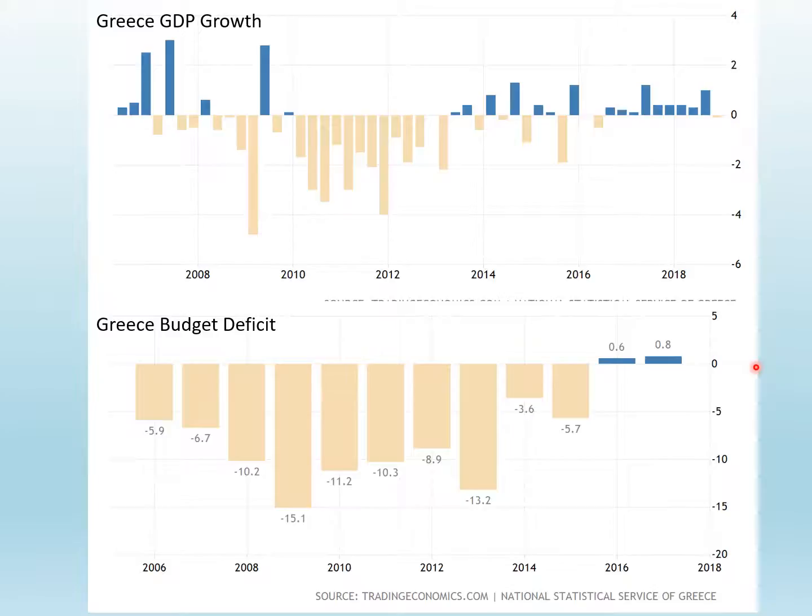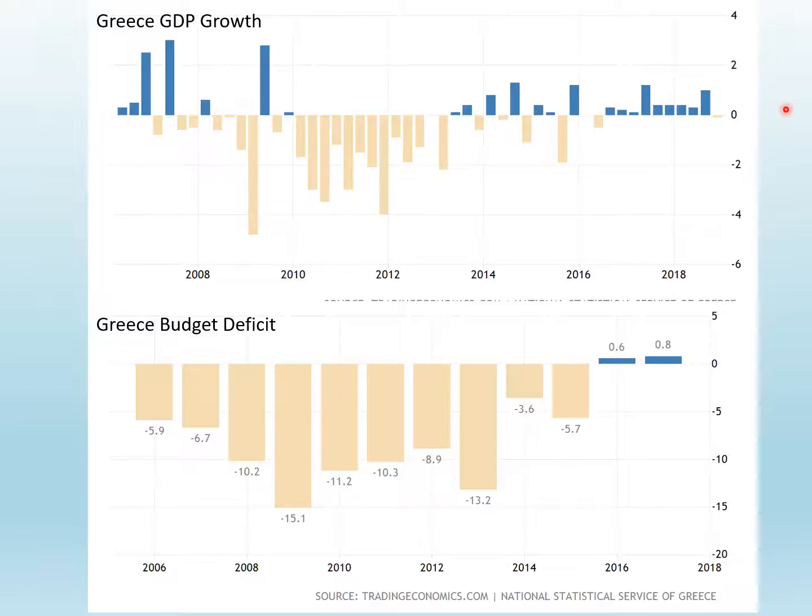Part of the success of doing that in recent years, again, as you can see from the top diagram, is that there has been economic growth in Greece. And so the combination of the growth itself has helped to turn the deficit into a surplus.